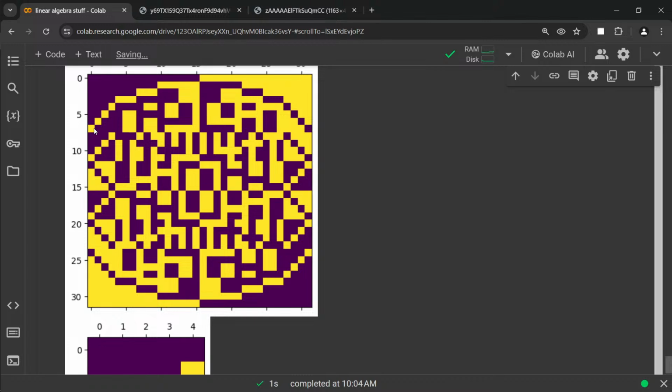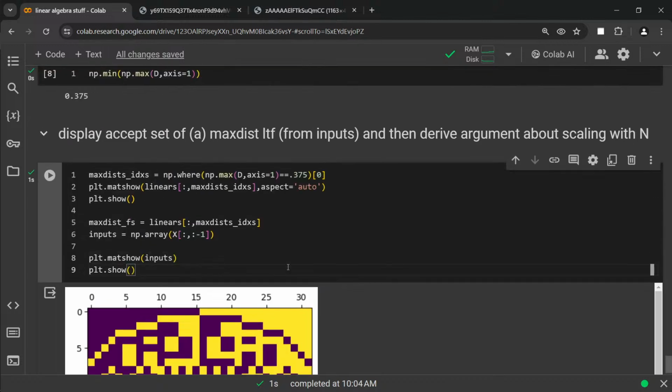I feel like there's some basic argument about, if you're far away from an input function, and then you look at the accept set, and then you look at the columns, each column has to... this might not work, but we'll definitely figure out the NP code, possibly.